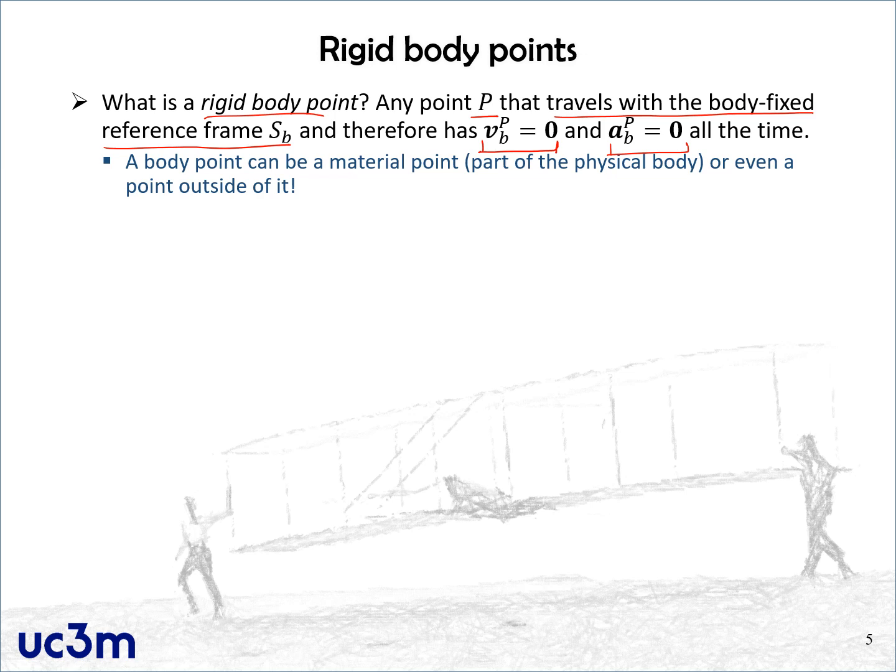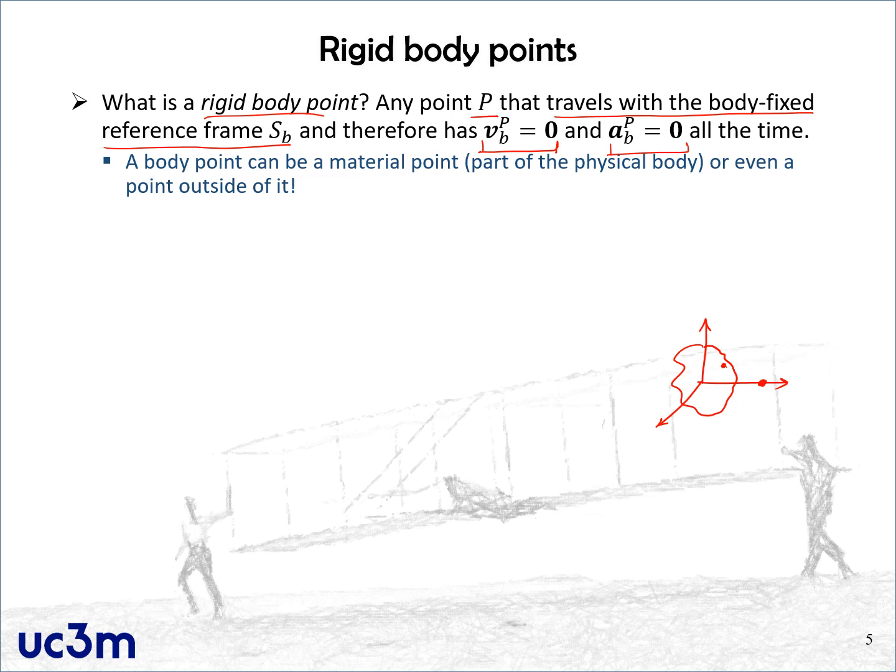Here it is important to notice that this definition is quite wider than material points of the rigid body. Imagine that you have this body here and a body fixed reference frame attached to it. Clearly this point on the rigid body is a body point. It's a material point of the body, but also any other point outside of the rigid body, as long as it moves in the same fashion attached to the reference frame.